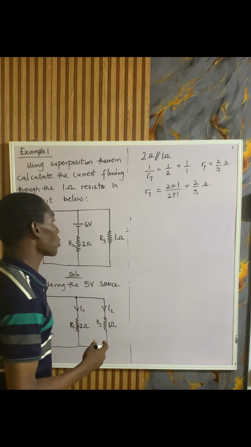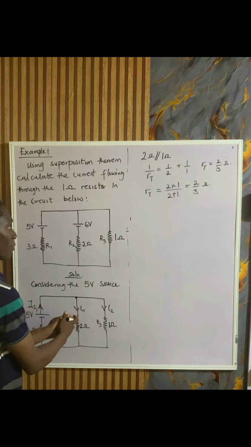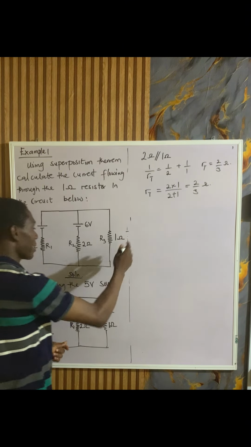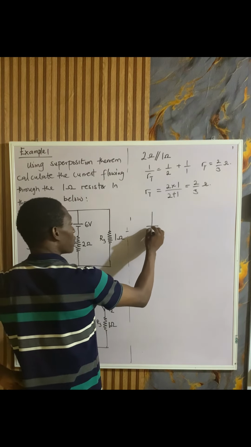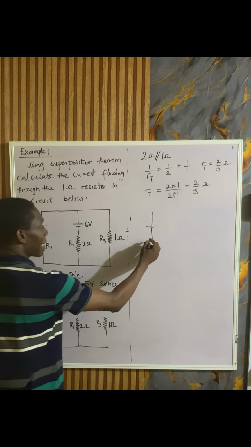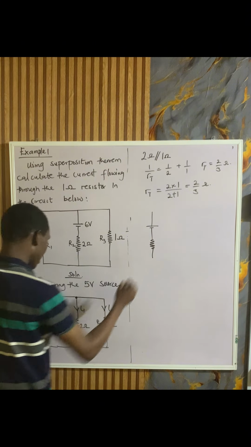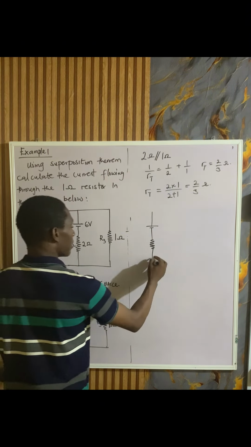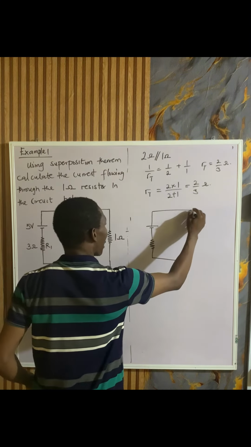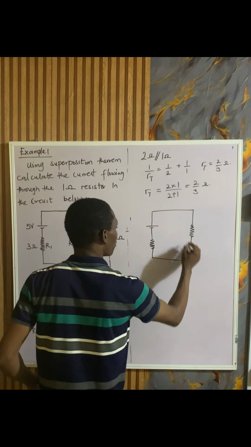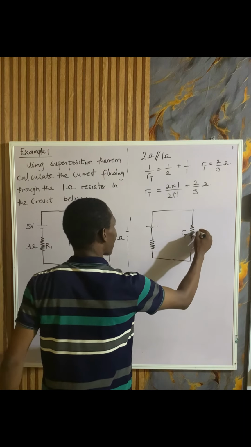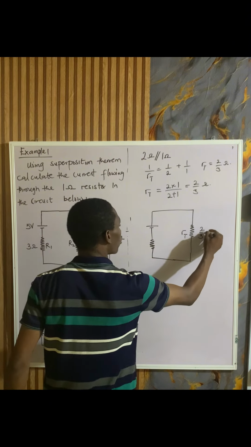Now the next thing is that I've combined these two and found the total resistance, and that's 2 over 3. I can redraw this to give us just the 5 volt source and the 3 ohm resistor. Then we have the combined resistance, the R total, or RT, which is 2 over 3 ohms.